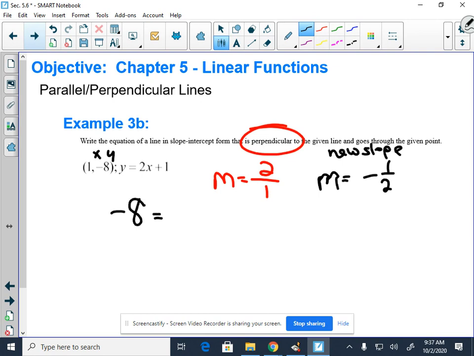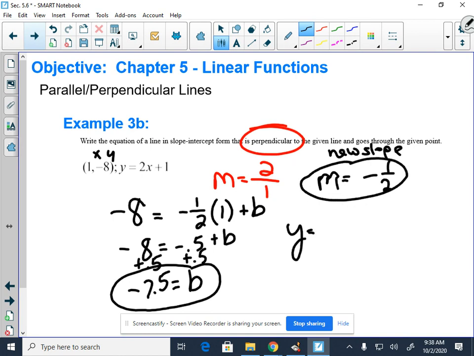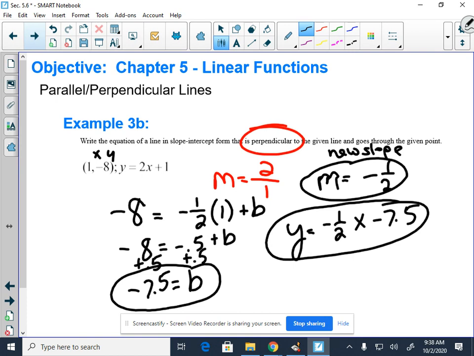Y equals -1/2 times x plus b. -8 equals -0.5 plus b. Y equals -1/2 x, subtract 7.5.